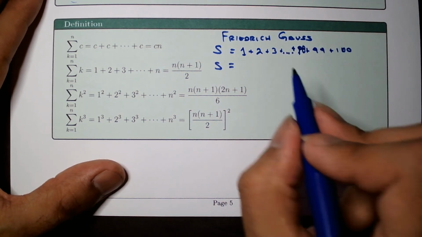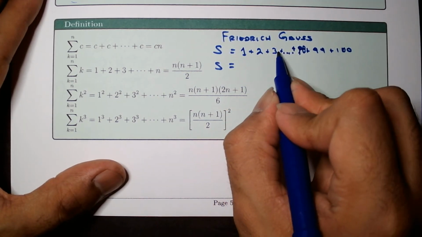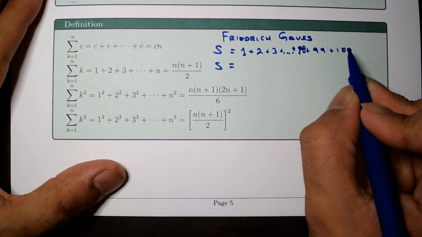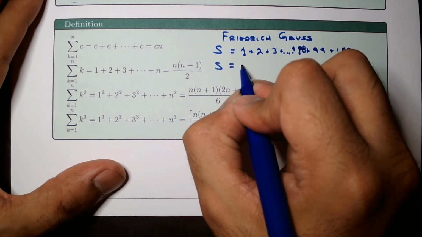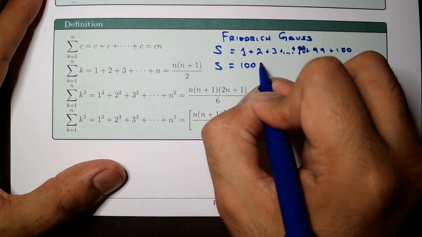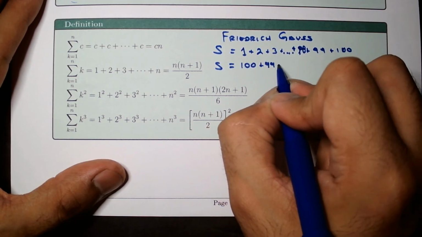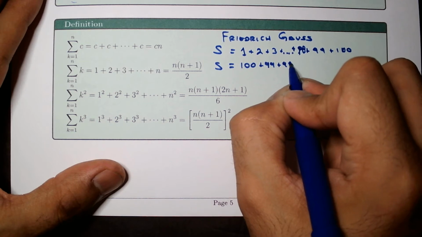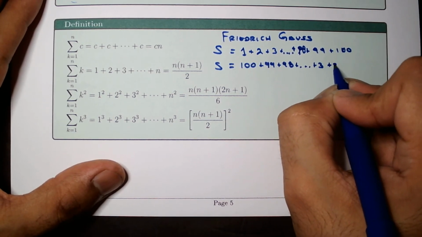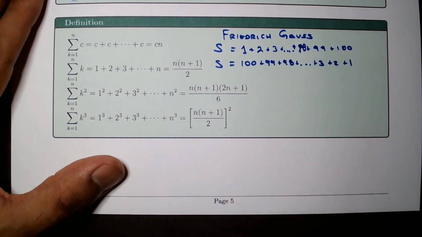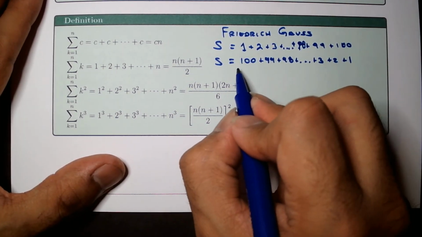Instead of adding the numbers 1 plus 2 plus 3 plus and so on up to 100, you can add the same numbers in reverse order: 100 plus 99 plus 98 plus dot dot dot plus 3 plus 2 plus 1. And then add these two sums.